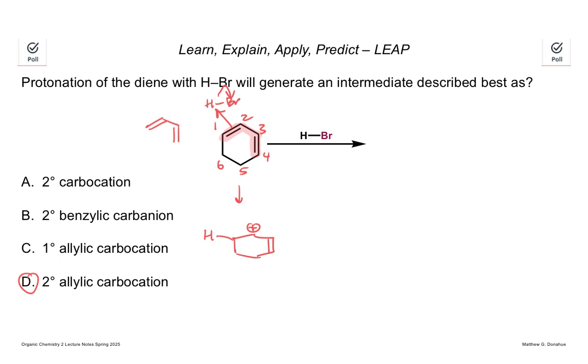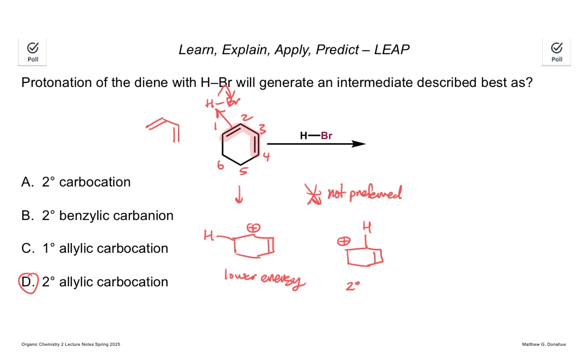Now again, if we were to protonate position 2, just to show you what is not preferred, we're generating that carbocation.